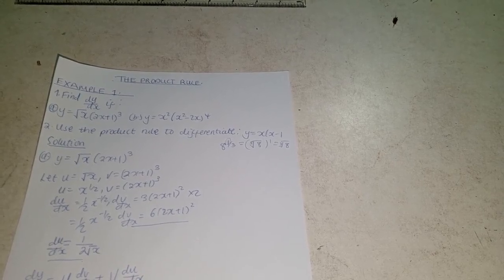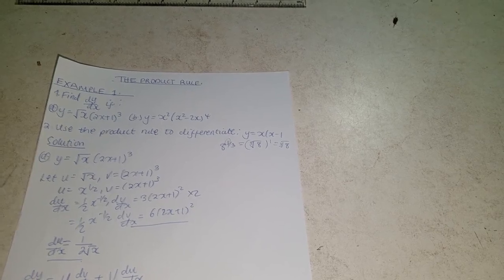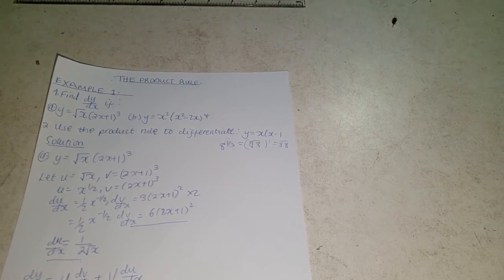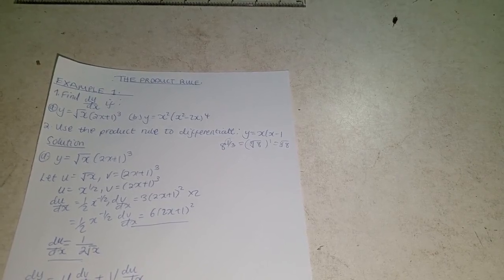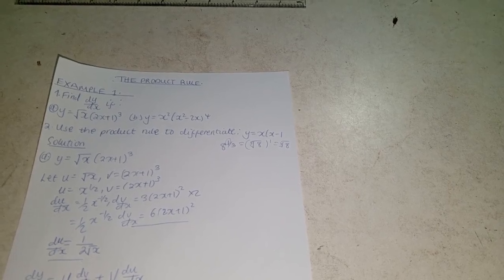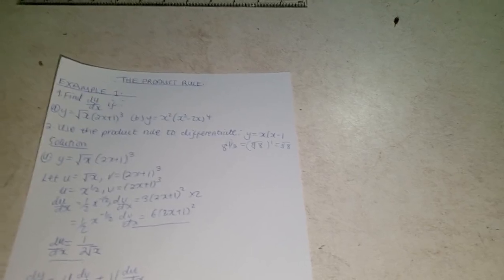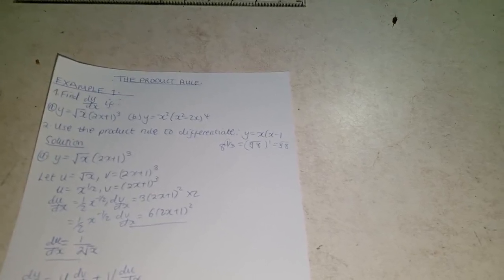Okay, so we look at 2x + 1. 2x + 1 is common. Now (2x + 1) raised to the power 2 is smaller than (2x + 1) raised to the power 3. So we're going to factor out (2x + 1) raised to the power 2. So the final answer will be dy/dx is equal to what?